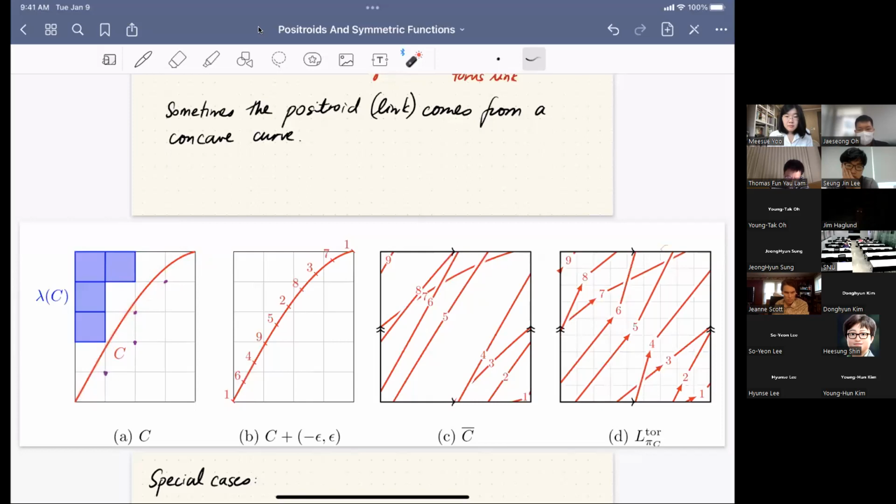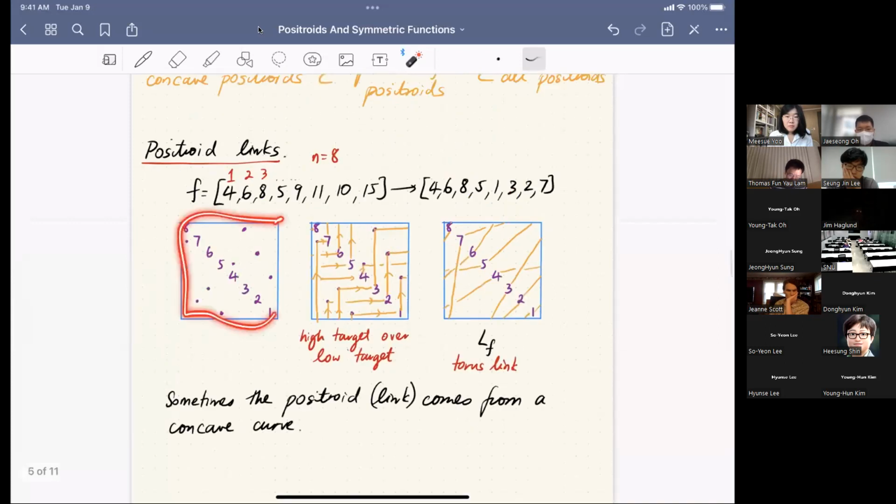So this is a k by n minus k rectangle. I'm going to think of the unit square as a fundamental domain for the torus, so every copy of the square is one copy of this square here.